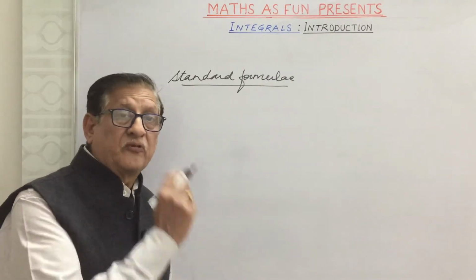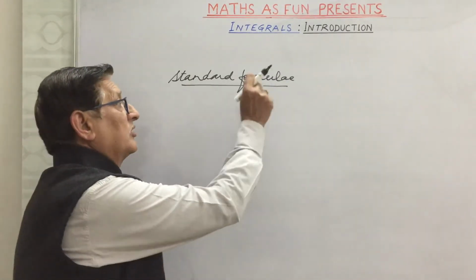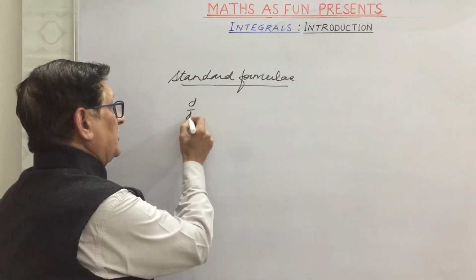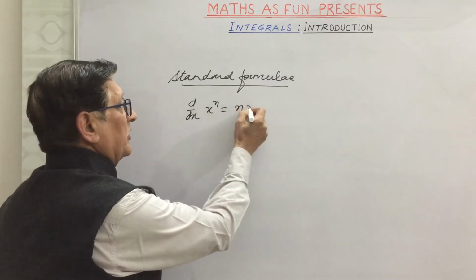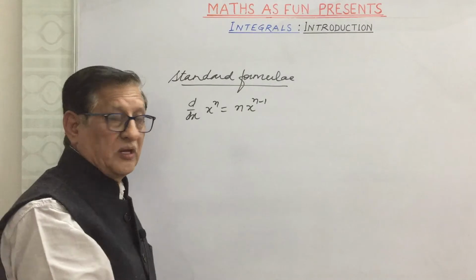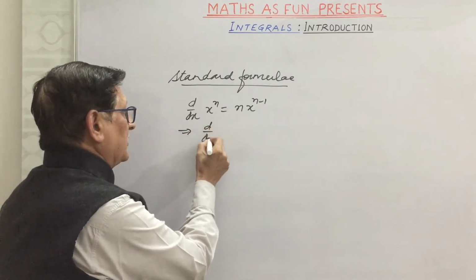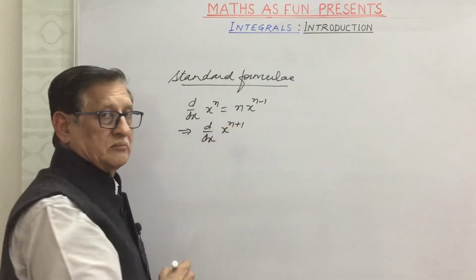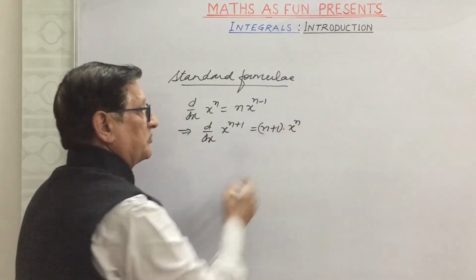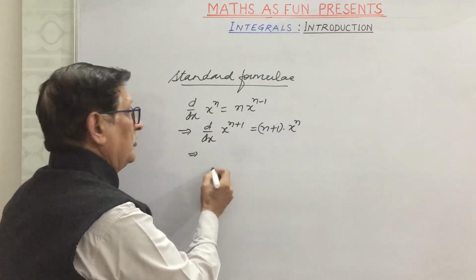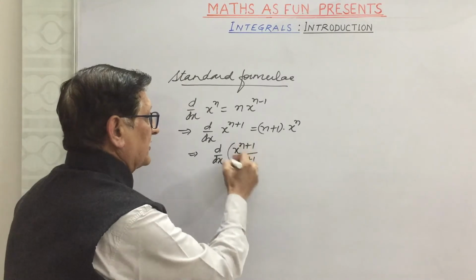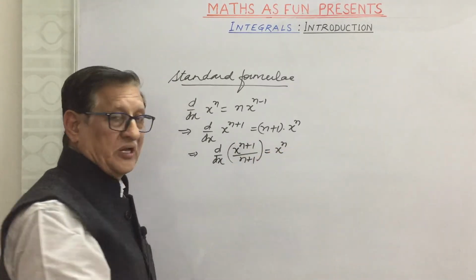Some of the standard formulae of integration can be found by using inspection method only. Like we know that d by dx of x power n is equal to n into x to the power n minus 1. Power is reduced by 1. It means if we write d by dx of x power n plus 1, that will be n plus 1 into x to the power n. That gives you d by dx of x power n plus 1 upon n plus 1 is equal to x to the power n.